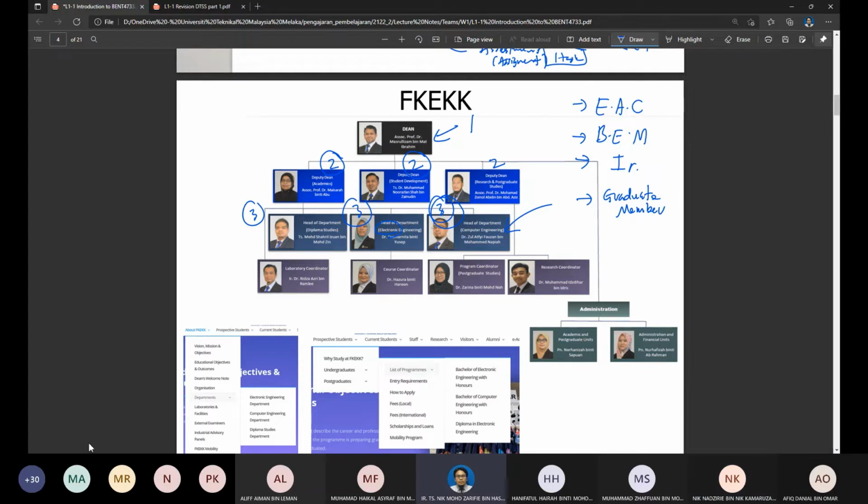What do you understand about the Board of Engineers Malaysia? They give accreditation. Okay, accreditation for what kind of program? For engineering students. Engineering program.